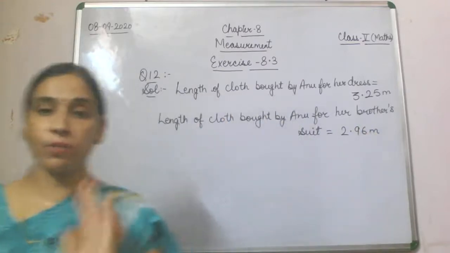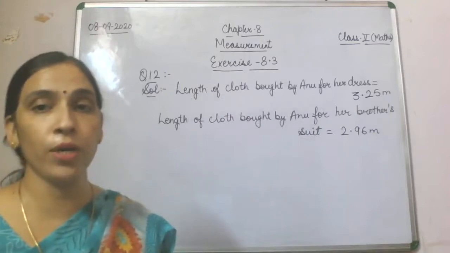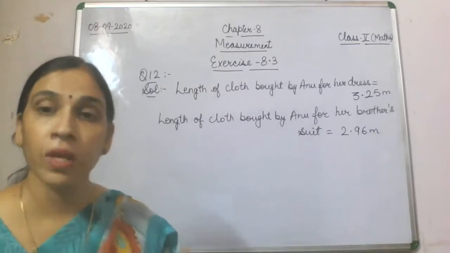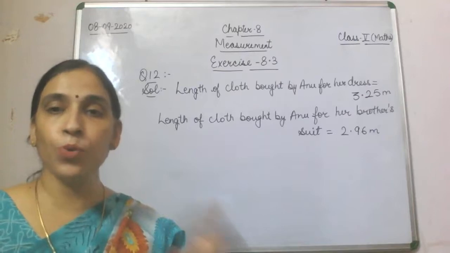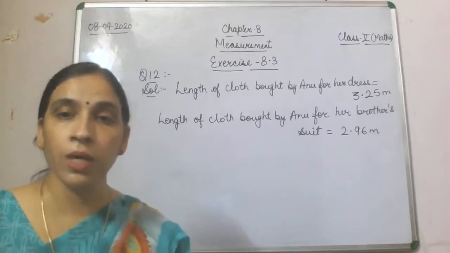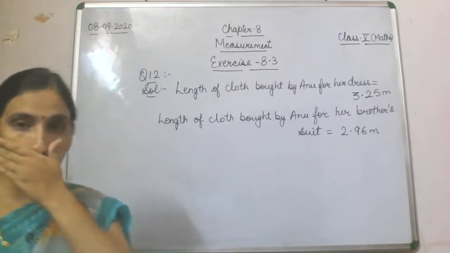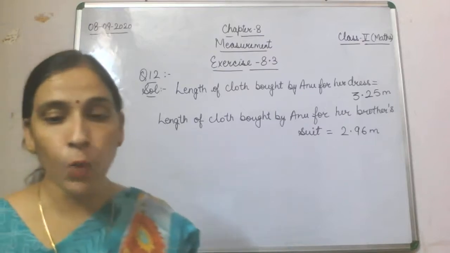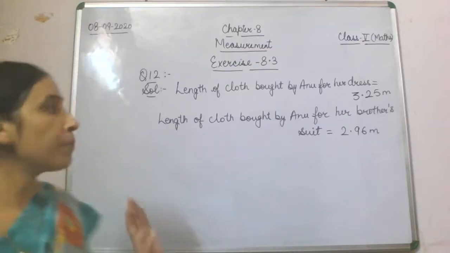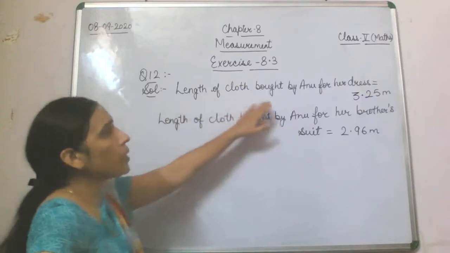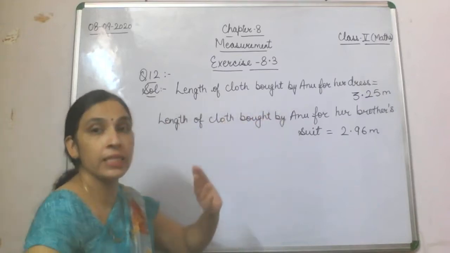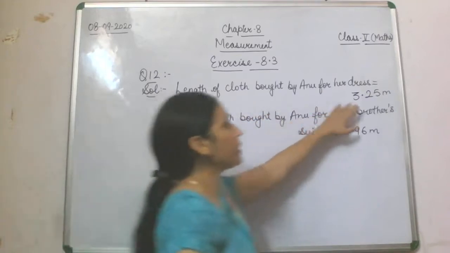I'll read out the question once again, that Anu bought 3.25 meter of cloth for her dress and 2.96 meter of cloth for her brother's suit. Now what is the question, that how much cloth did she buy? See, length of cloth bought by Anu for her dress, that is 3.25 meter.